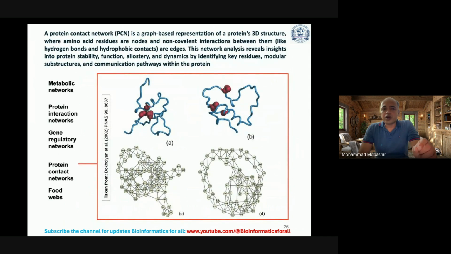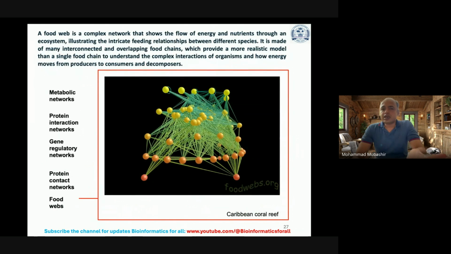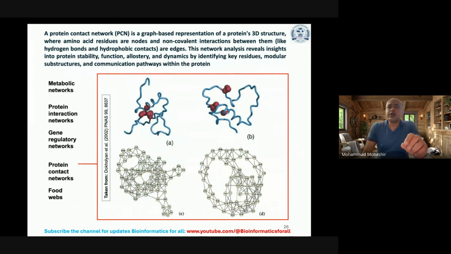Now, if you want to go for a protein contact network, you can see here that the amino acids are the nodes. Overall, the logic remains the same irrespective of the type of network, so you need to perform the network topological analysis. Then it comes to food webs. By the way, some people may ask what the difference is between a protein interaction network and a protein contact network.